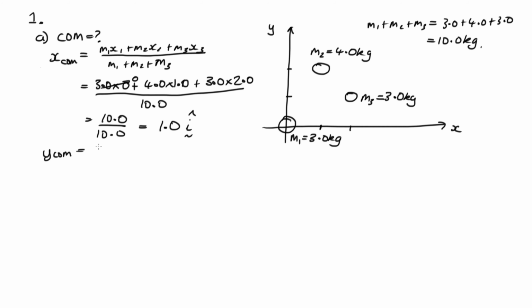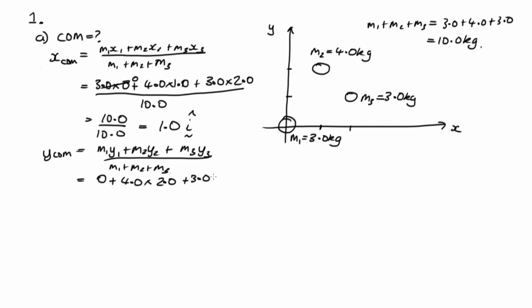and then we repeat to calculate the y coordinate of the center of mass. So we've got m1y1 plus m2y2 plus m3y3 all over m1 plus m2 plus m3. So the y coordinate of this first one is 0, so that's 0 plus m2, which is 4, and the y coordinate is 2 because it's at 2j, and then this one's at 1j, so that's plus the mass of 3, which is 3 times 1, and the total mass hasn't changed, it's still 10.